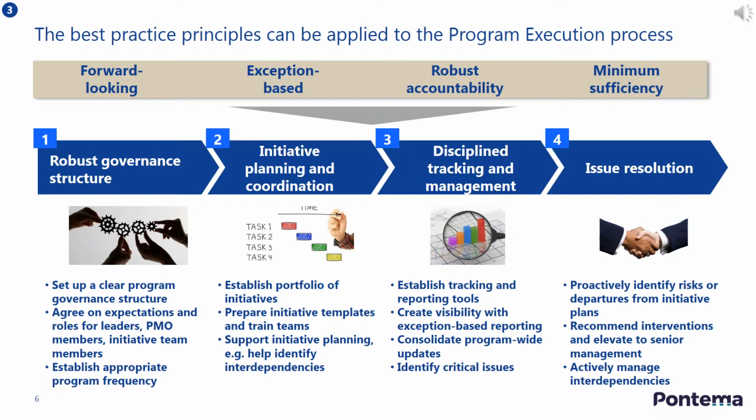And in the last stage, the PMO is responsible for the issue resolution process, which is about resolving risks, problems, and deviations from the original plan, perhaps due to unforeseen circumstances. The PMO will orchestrate the escalation of critical issues to the leadership team as and when required. Let's now look at each of these key project execution activities in more detail.